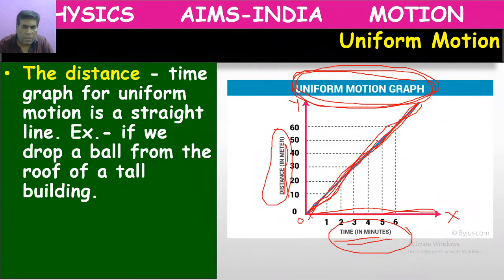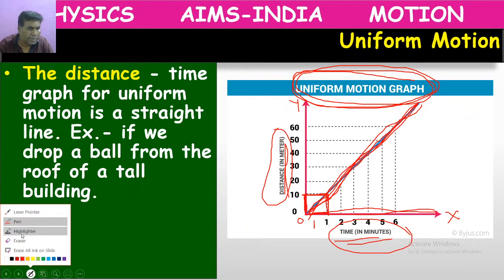On the line, if you observe at 1 minute time, how much distance has it covered? 10 meters. 10 meters is the distance covered. In how much time? 0 to 1. What is the time interval? 1 second.